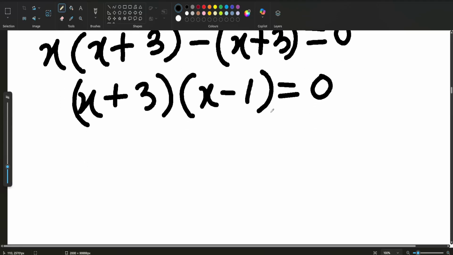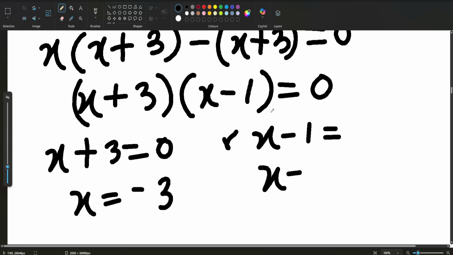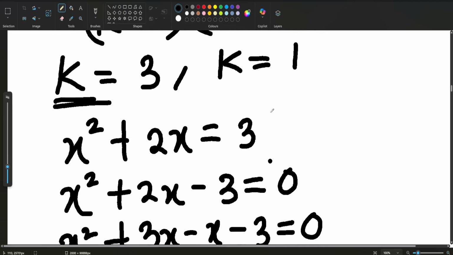So we equate x plus 3 equal to 0 or x minus 1 equal to 0. From here we get x to be minus 3, or x minus 1 equals 0 and x is equal to 1. So these are the two values when k is equal to 3.